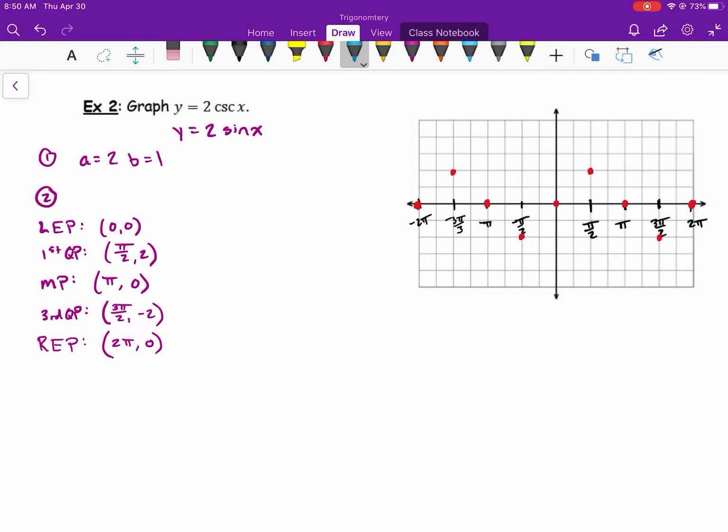My asymptotes go on the x-intercepts. And the U's go on the peaks and the valleys.